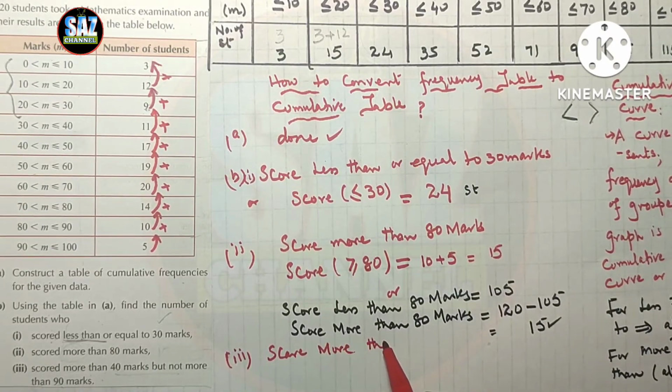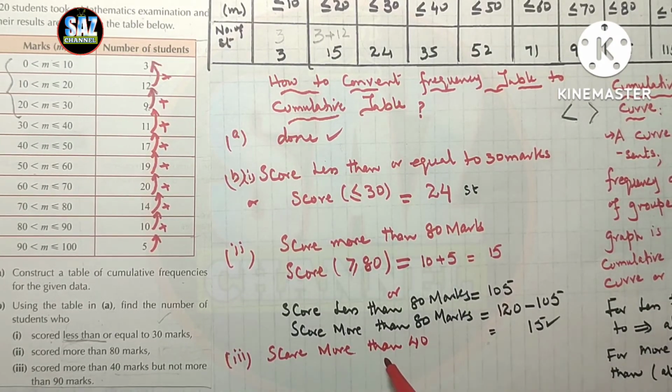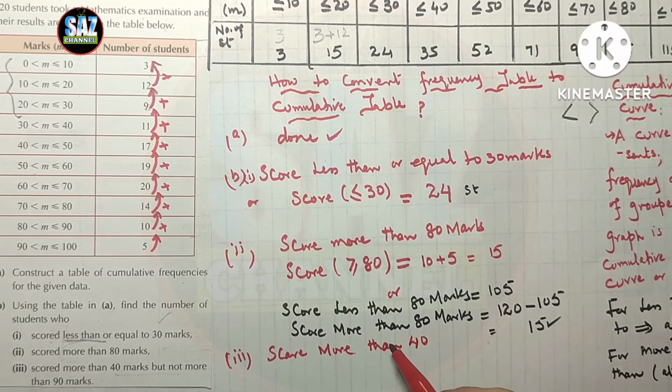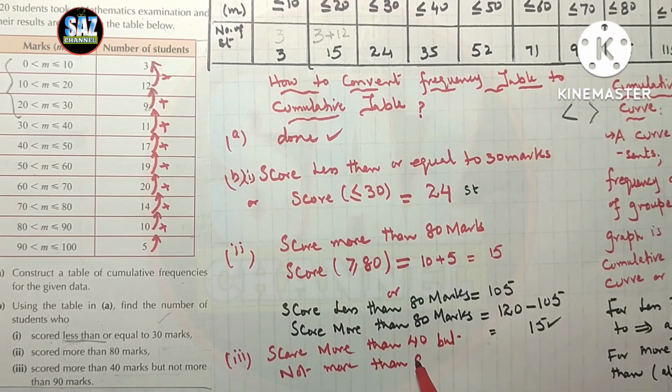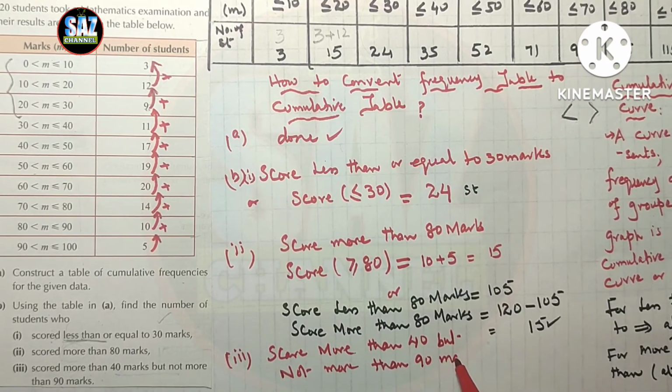Moving to the third part, score more than 40 but not more than 90 marks. So let's try to understand the question.